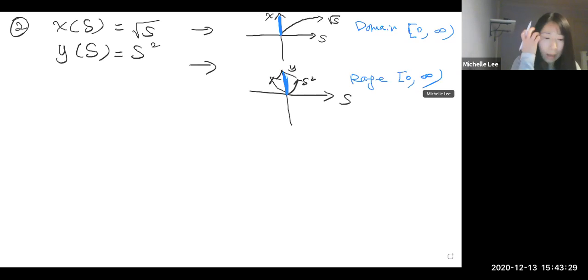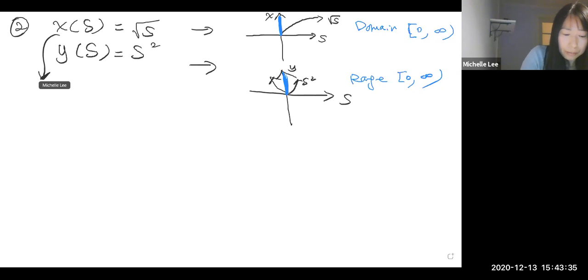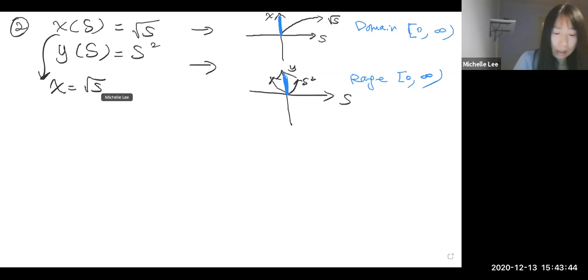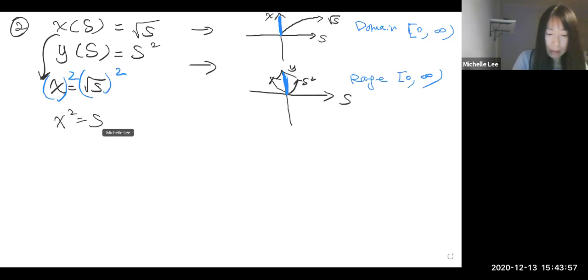Now we solve for s in this case. We have x equal to square root of s. Now we square both sides, and we get x squared equal to s, right? Now we substitute into y.